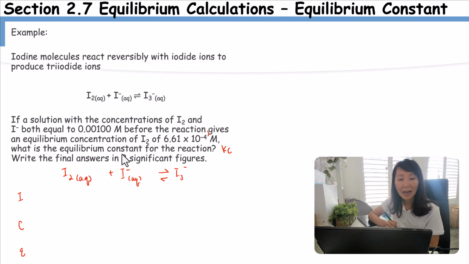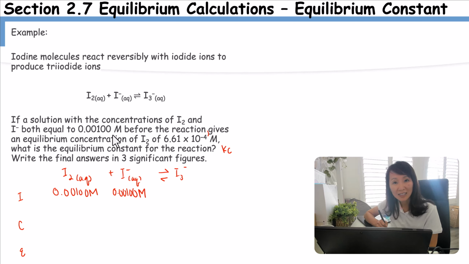Initially, based on the information, there were 0.00100 molarity of the I2, right? It says right here. Then what about I negative? Same thing. It says both are equal to that number. In the very beginning, since a reaction has not occurred, the product is 0 molarity.